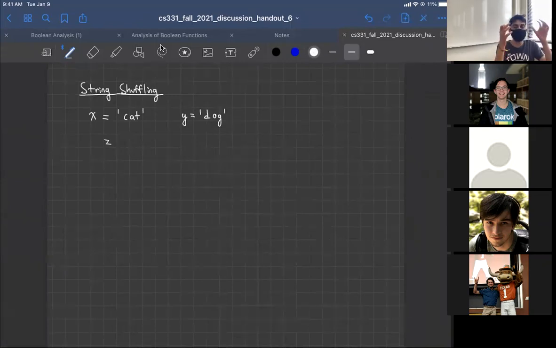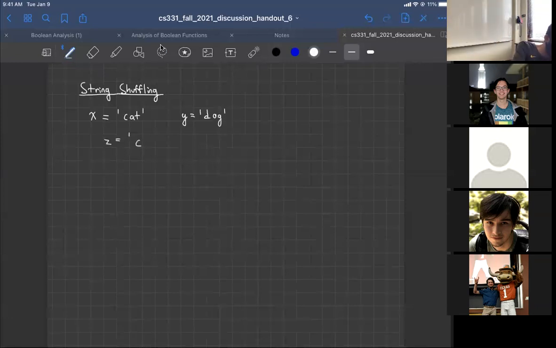It's supposed to be derived from X and Y in a certain way. Basically, you take the characters of X and Y in order, but you might take some characters of X and then some characters of Y, then some of X again and some of Y. You can alternate between them.